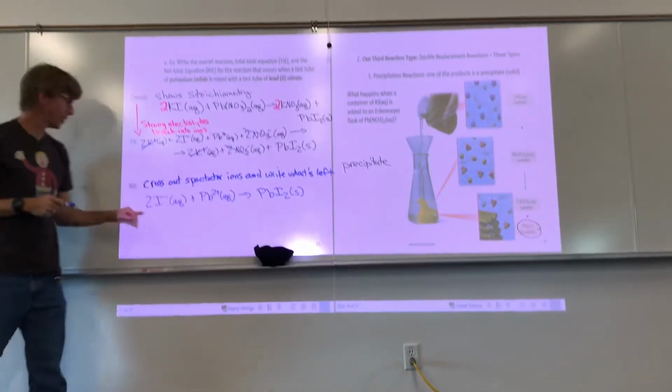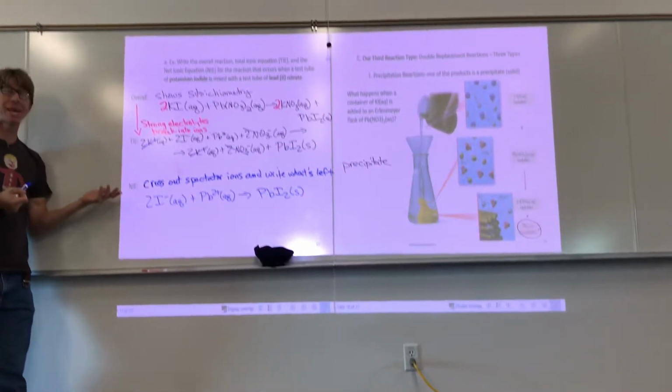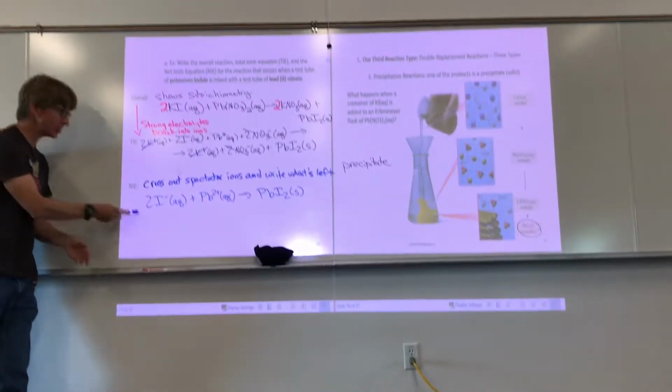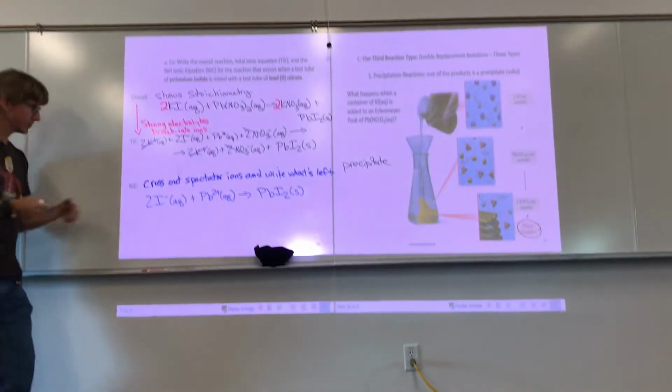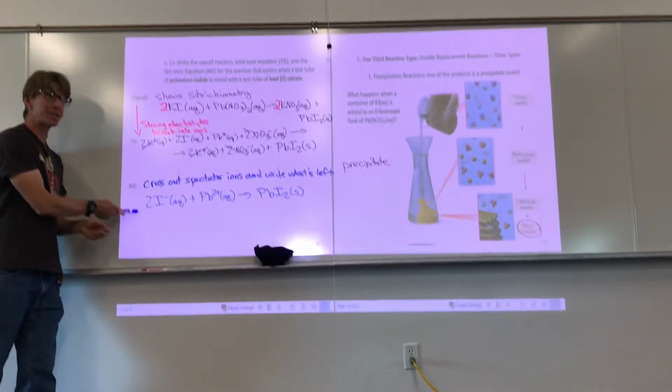And what I love about the net ionic equation, and really, if the question is, why do we put you through this hell that is overall, total ionic and net ionic equation? It's so that you can focus on the species that are actually reacting. And I have asked this before, when you get to the net ionic equation, what type of bond is formed?